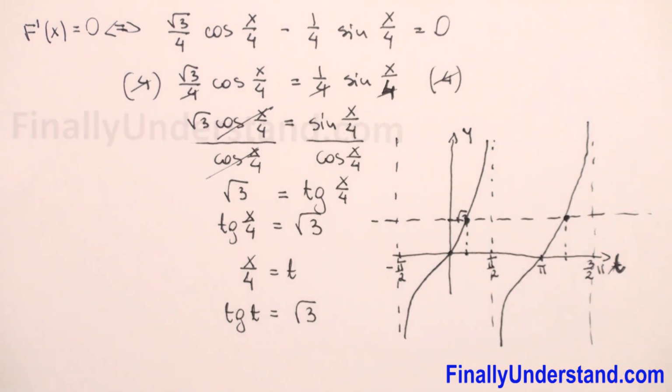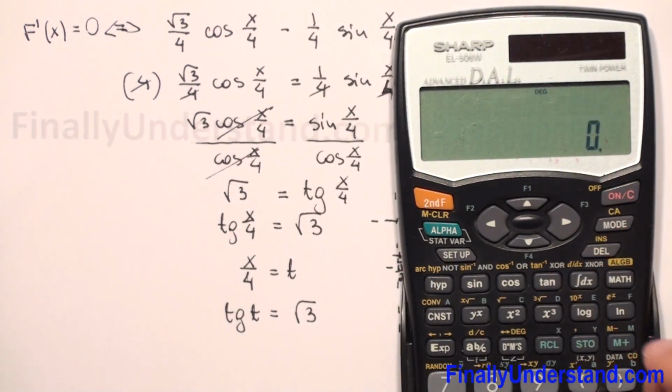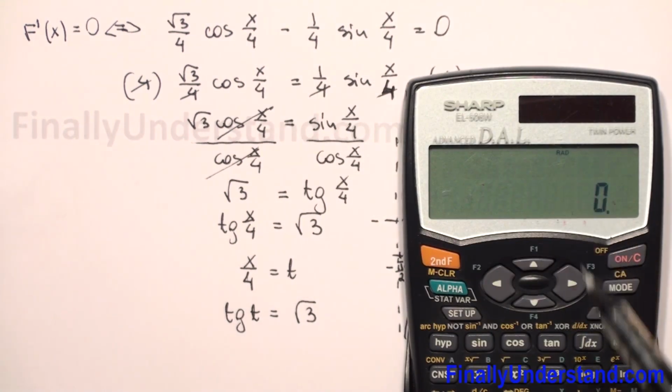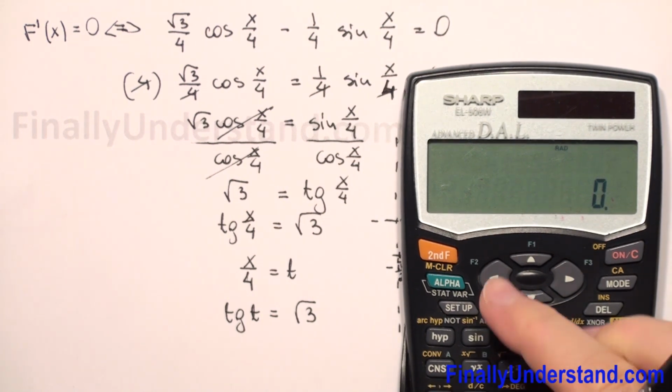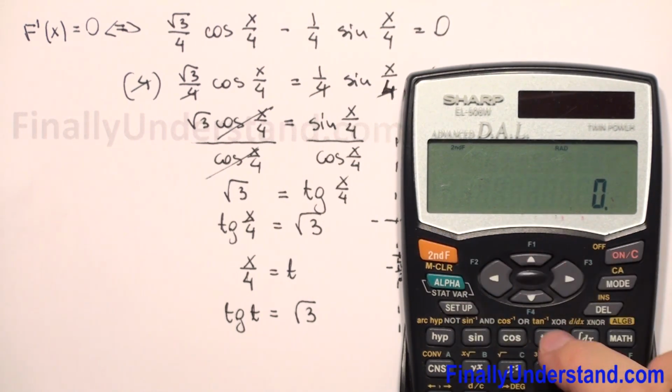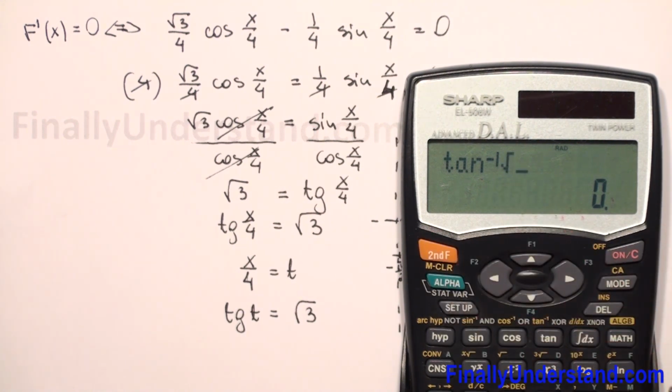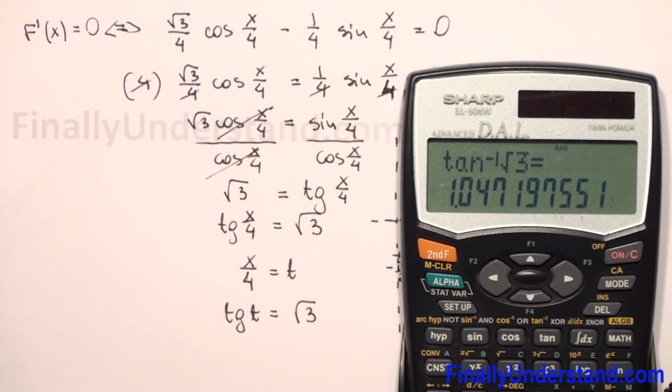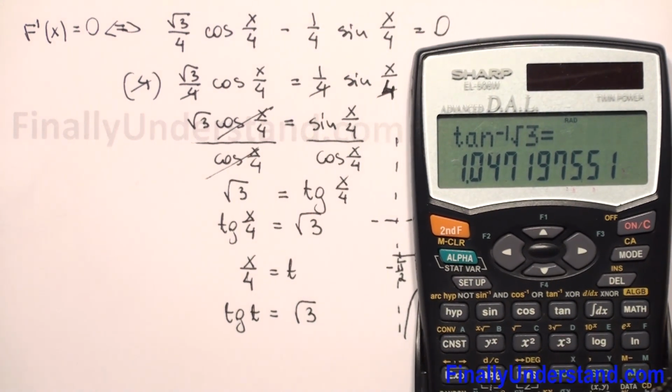We can use calculator. We have to change calculator to radian, and we have inverse tangent of square root of 3 is equal 1.047.